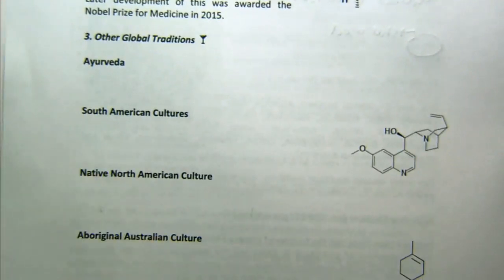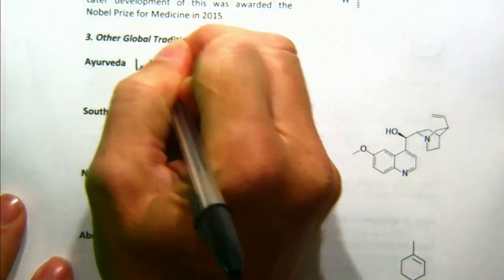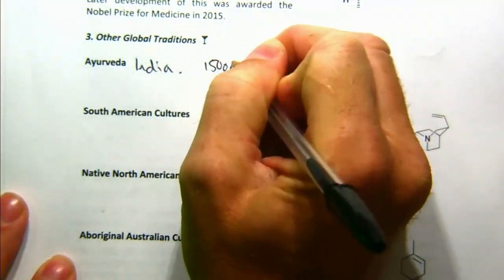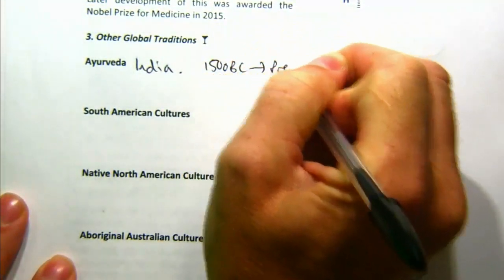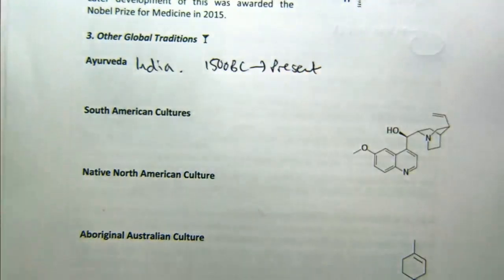There are other global traditions that it's worth noting that are out there. So Ayurveda is Indian traditional medicine, and that started really in about 1500 BC, and you can still get Ayurvedic therapies.